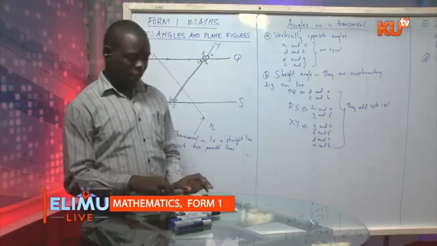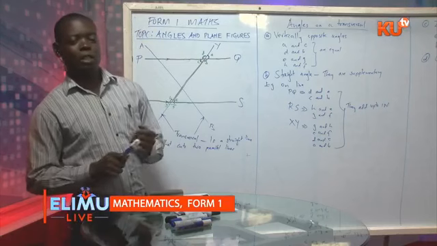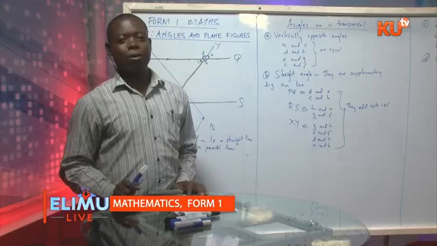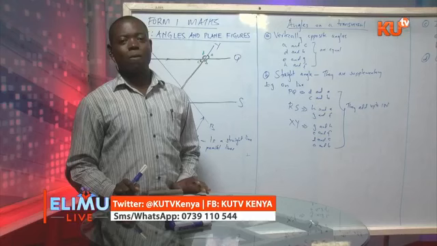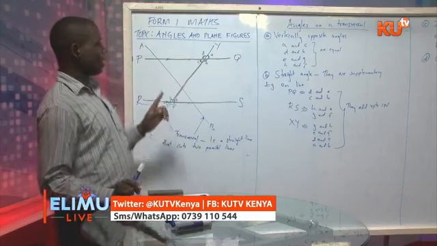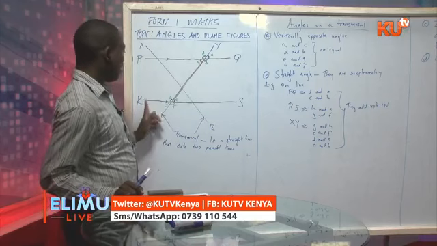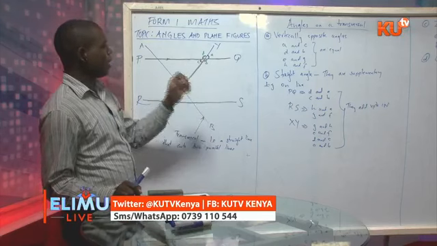If you want to identify correctly corresponding angles, the first thing that you must ask yourself is, what is the line that you are considering as the baseline for you to determine the corresponding angle? This is what I mean, that we have two lines here, PQ and RS, and then we have the transversal.